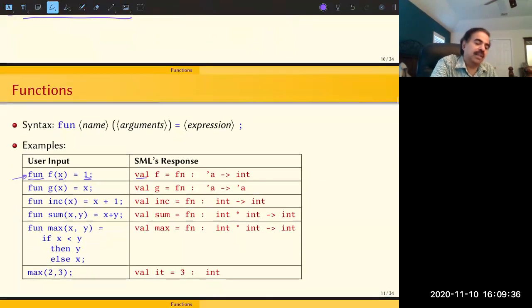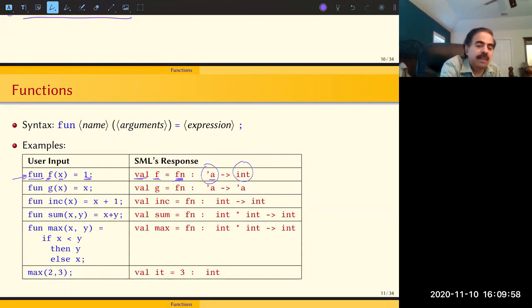Okay, but internally it thinks of everything as a value, and it's going to say value, the name of the function, and it says it is a function type. Okay, so that's what this means. It's a function type, and it's a function that takes anything and returns an integer, right?